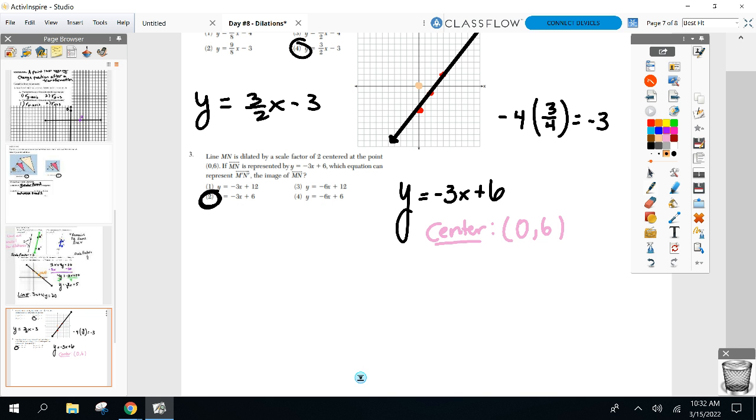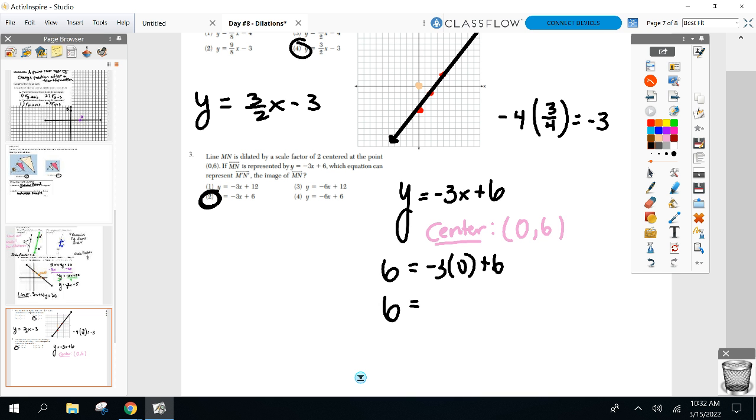How do I know 0, 6 is on the line without a piece of graph paper in front of me? What coordinate is this? 0. That's the x coordinate, right? So plug it in for x. Watch. Negative 3 times 0 plus 6. What's the 6? That's the y coordinate. What do you get over here?